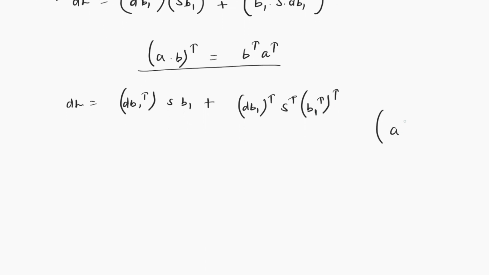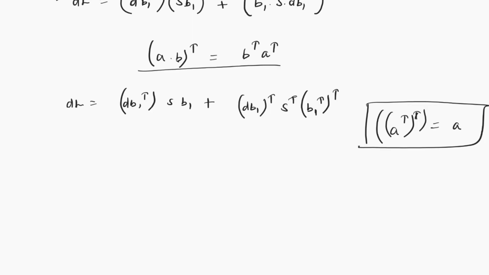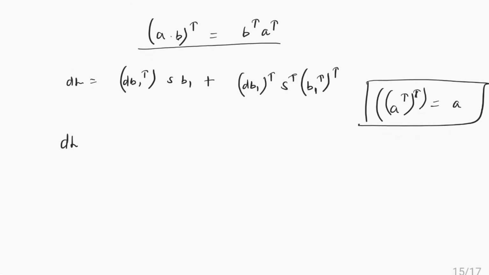So when you take transpose two times, then it becomes itself. So we can write del of Lagrangian is equal to dB1 transpose SB1 plus, this term is going to become dB1 transpose, and this S transpose will remain as it is, and then this is going to be B1.